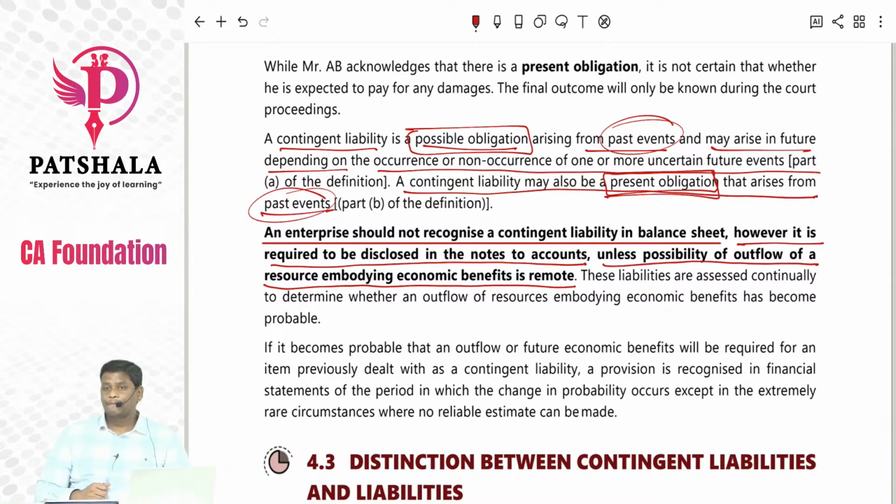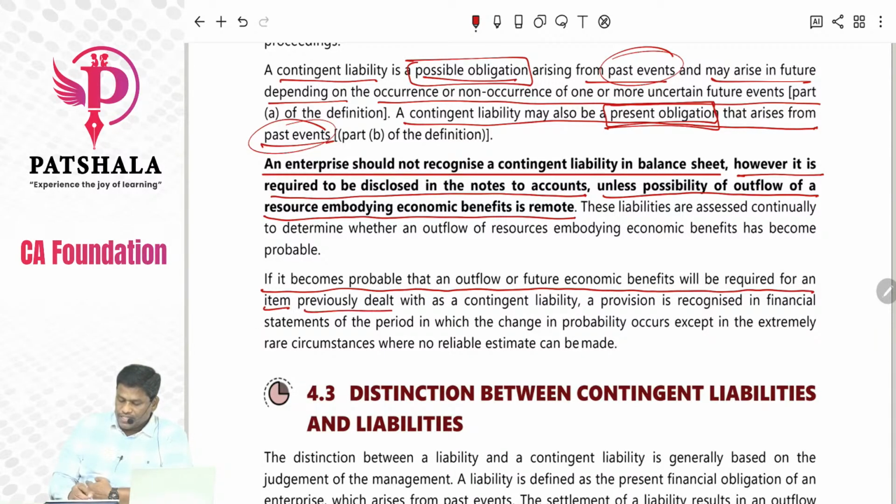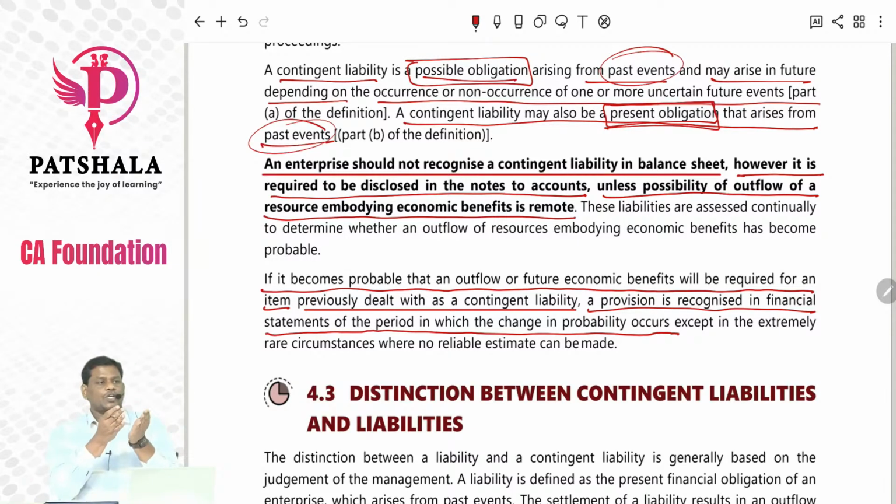Okay? Next, see here: if it becomes probable that future economic benefits will be required for an item previously dealt with as a contingent liability, a provision is recognized in the financial statements in the period in which the change in probability occurs. That means till yesterday it was contingent, today it is confirmed, yes it will happen.